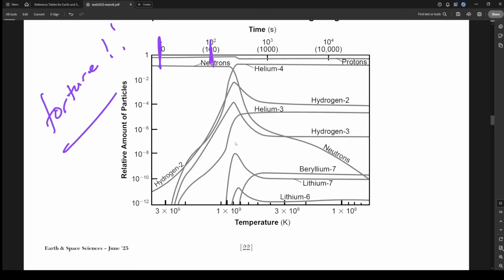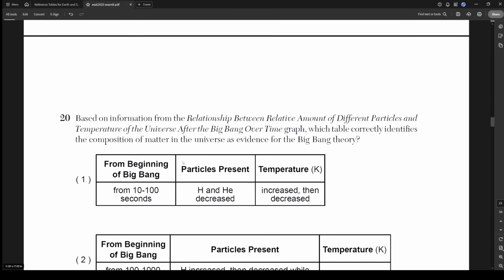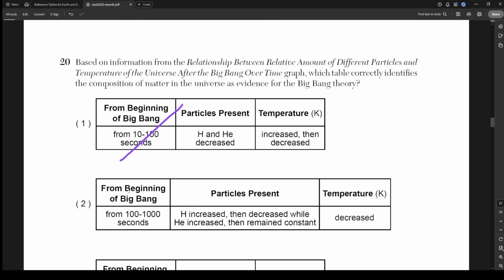Where's H and HE? There's so much hydrogen and helium. This is neutrons and protons. So H, hydrogen, and all these heliums went up. So that's out. Goodbye. All right, that was an easy one.